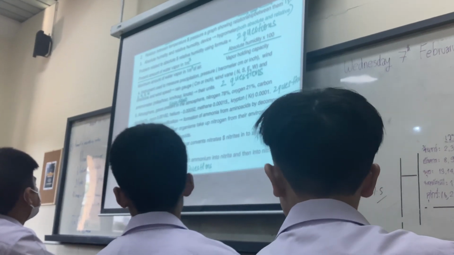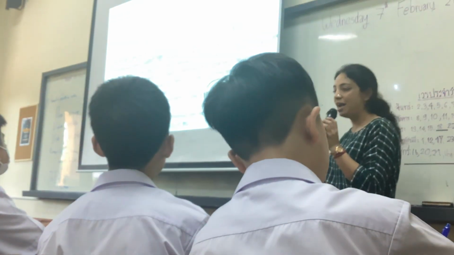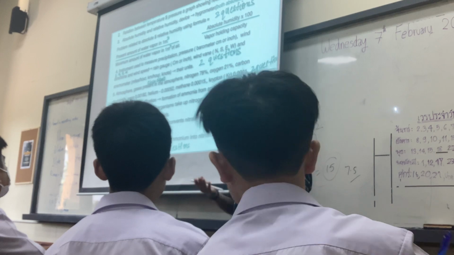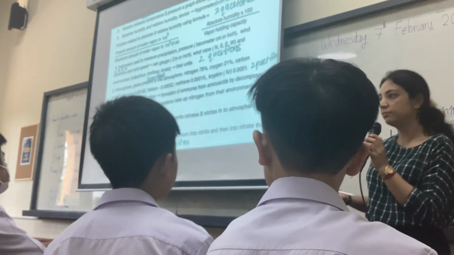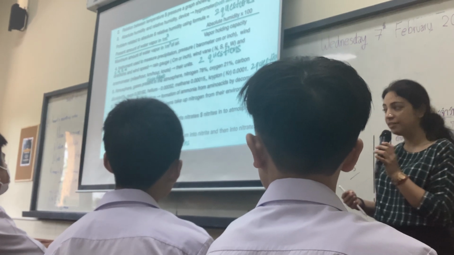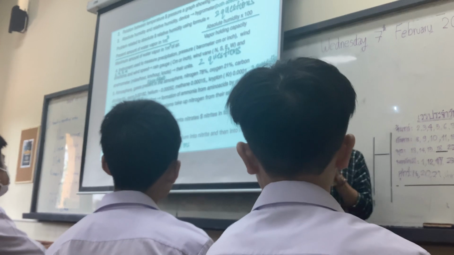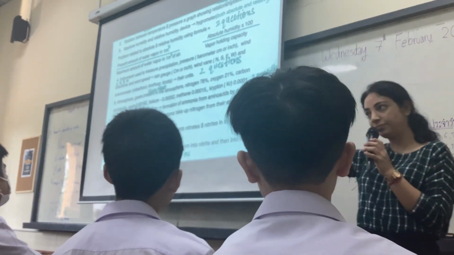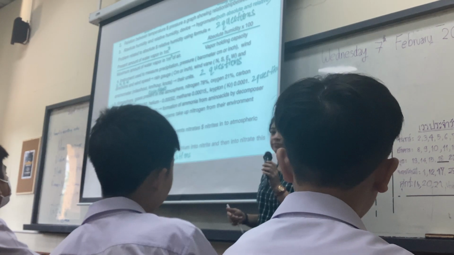Next comes atmospheric gases. How many gases are present and what are their percentages? Which gas is in abundance? In abundance means the most present in the atmosphere. Which gas is it? Nitrogen. How many percent? 78.